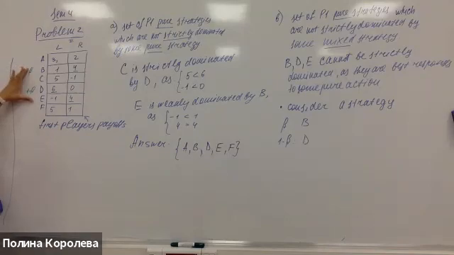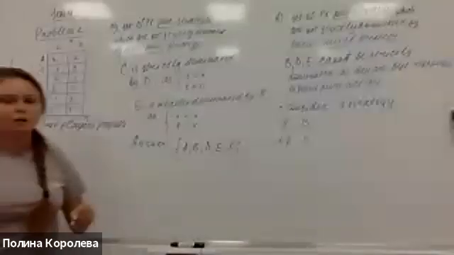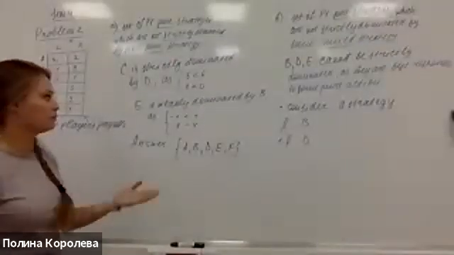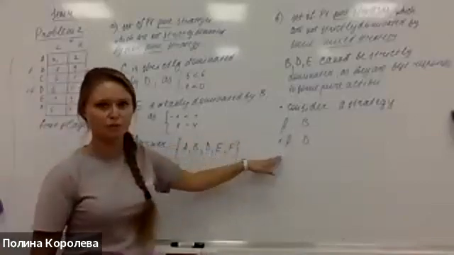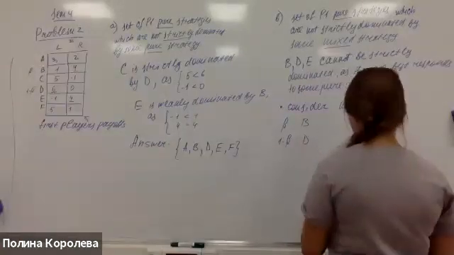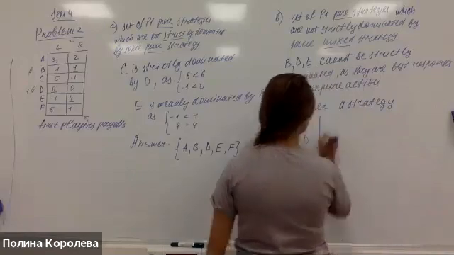For example, if the second player plays left, we will get 1 with probability beta and 6 with probability 1 minus beta. So we should write down expected payoffs from this mixed strategy.